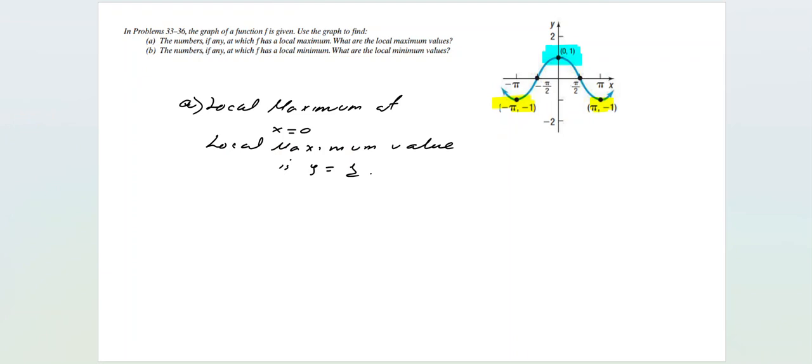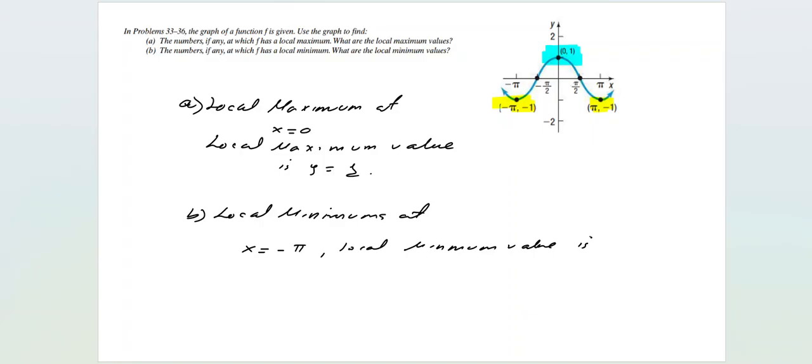So we have local minimums at x equals minus pi with local minimum value minus 1, and x equals pi with a local minimum value also equal to minus 1. Right? So there we have our local maximums and local minimums.